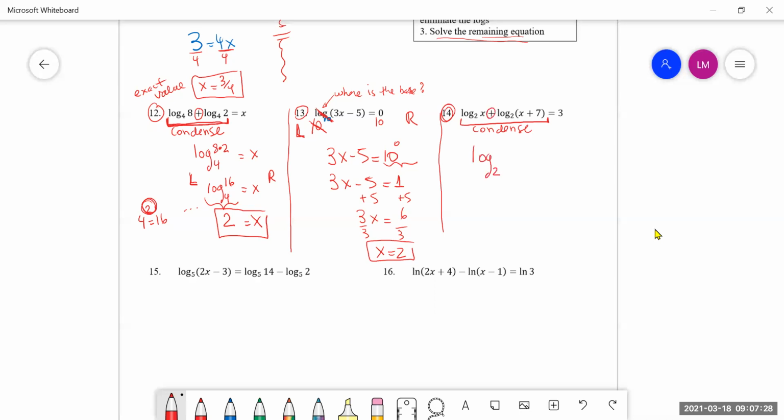I have an addition. I have my first term and my second term. So this becomes multiplication. x times x plus 7 equals 3. At this point, because I simply have one logarithm, I can go ahead and exponentiate. So I'm going to exponentiate. I'm going to turn my equation.